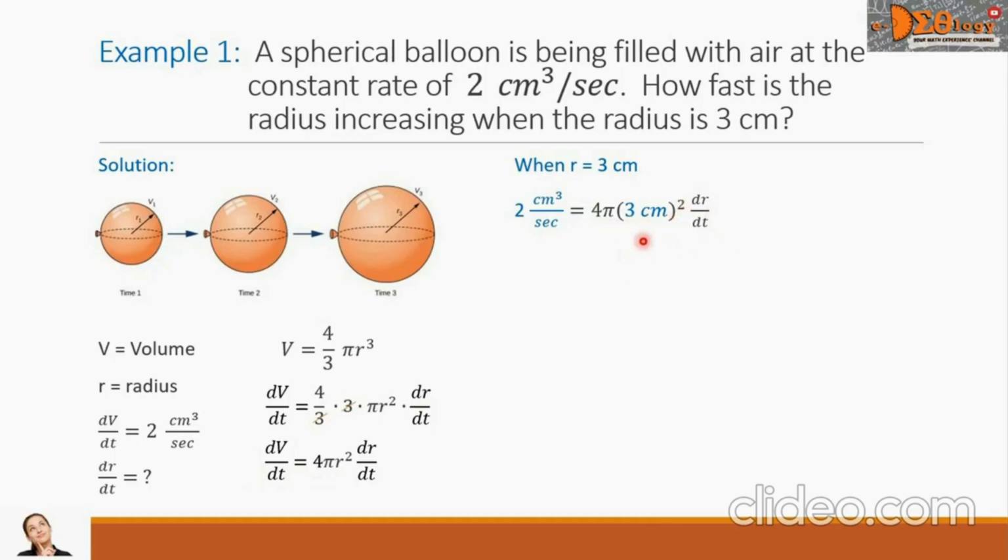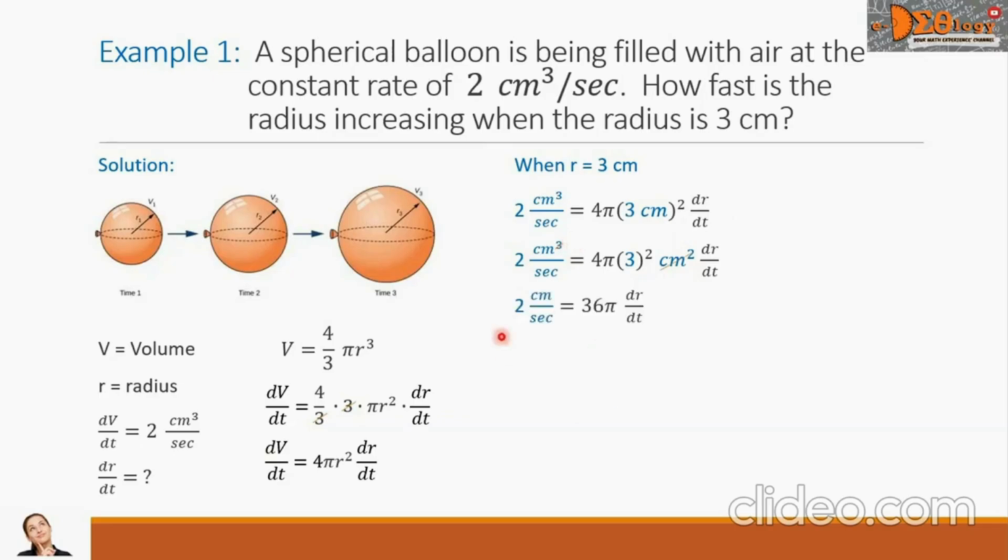Simplifying the square here, we can show that we have 3 squared times centimeter squared. Let us simplify the units of measurement by cancelling this centimeter squared, and the exponent 3 here becomes 1.